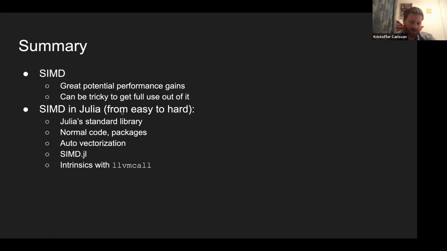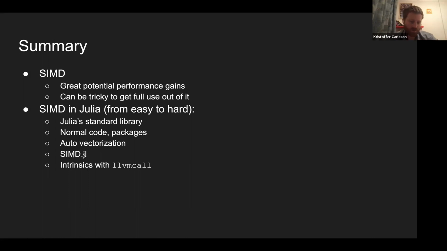And if you want to use SIMD in Julia, I showed a few different ways, beginning from the very easy things to the harder things. The first is to just use the standard library, which already includes SIMD. If you just write normal code or use packages, the packages might have made sure that SIMD is used, or the auto-vectorization might kick in for the normal code.